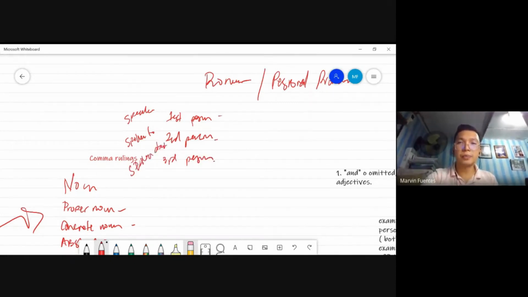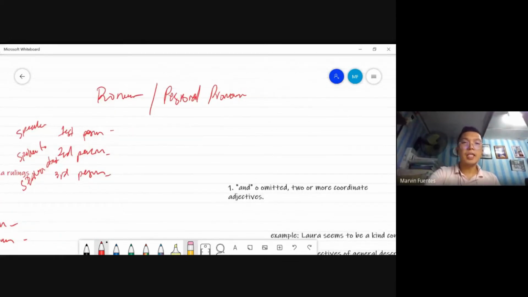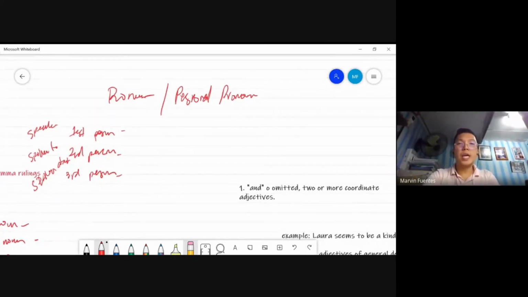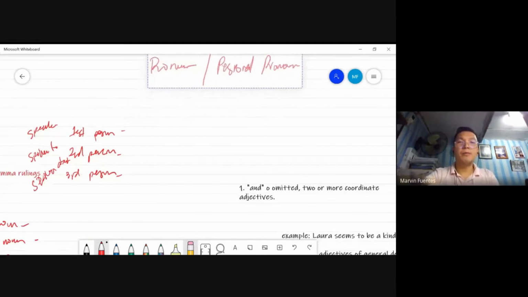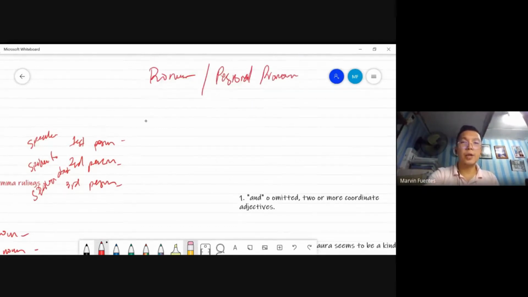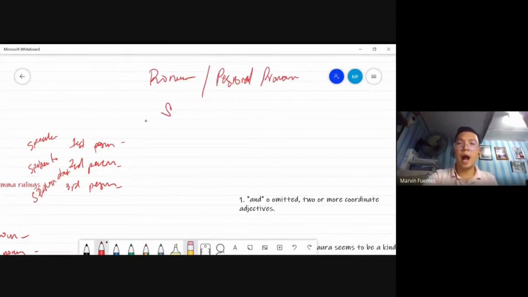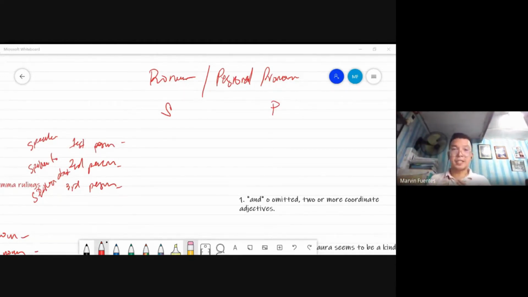Okay, now, in this personal pronoun, we have this form wherein we're talking about here a singular and plural. Singular, isa, plural, madami. As simple as that. First person, I am referring to, for example, I am Marvin Fuentes. Second person, I am talking to you. As simple as that. Now, let's enumerate.